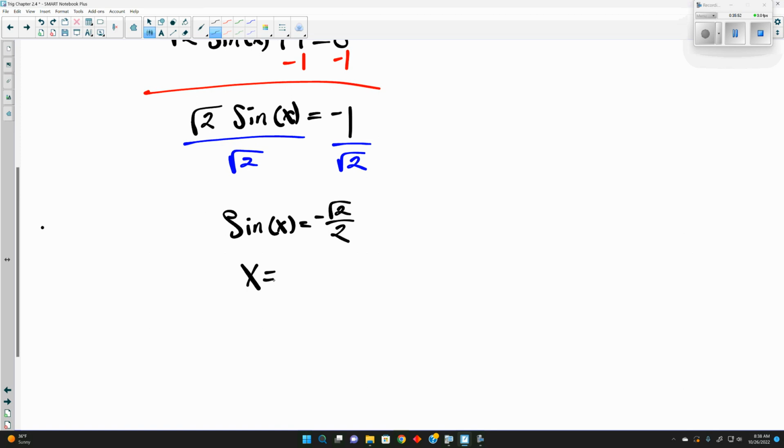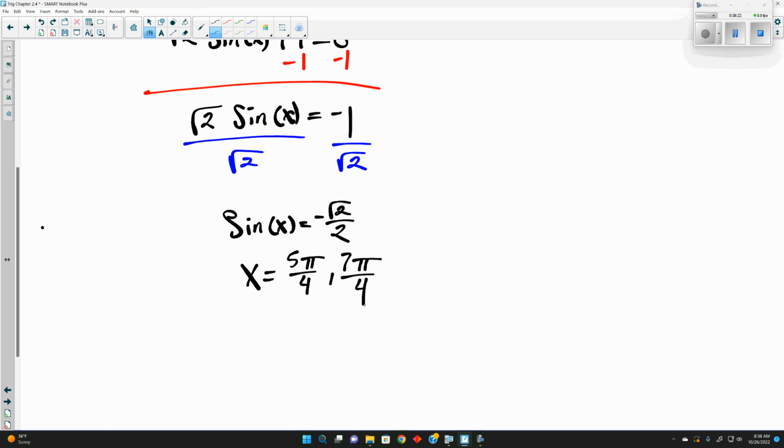Now what that's going to tell us is that x is equal to, let's see here, 5 pi over 4 and 7 pi over 4. Part of the reason I hold that out so quick is whenever we're dealing with square root 2 over 2, it's our 45s, or pi over 4, so the denominator has to be 4.